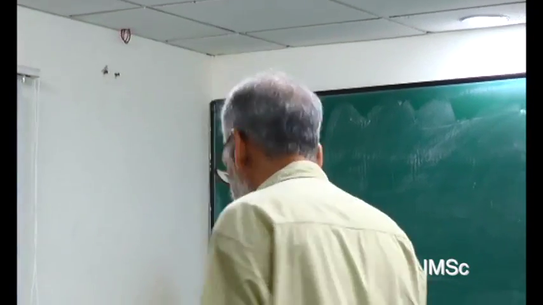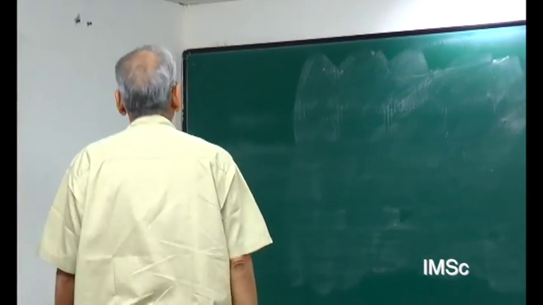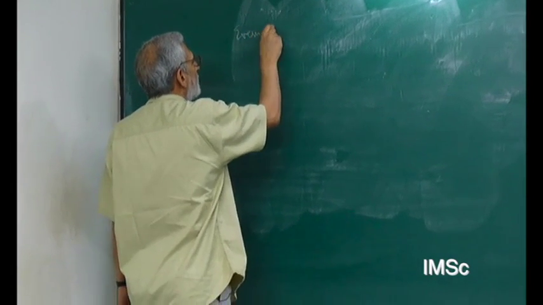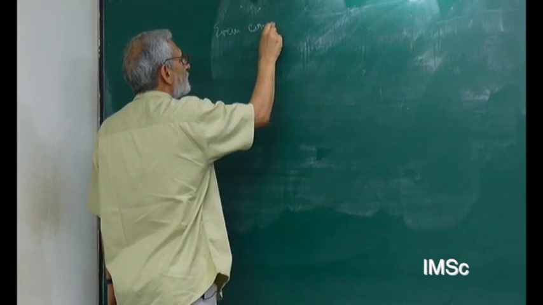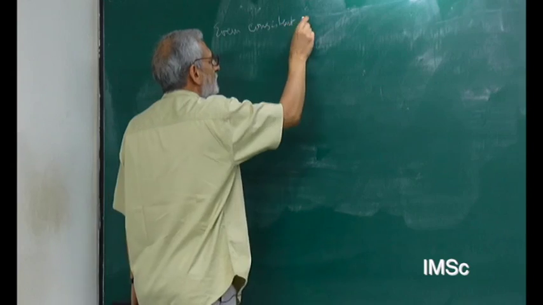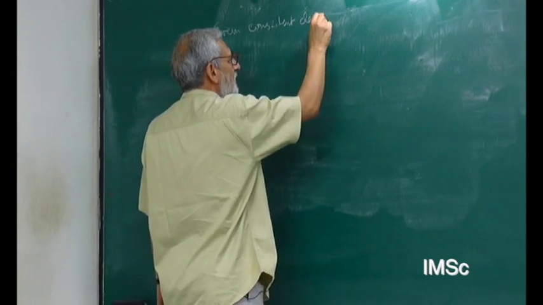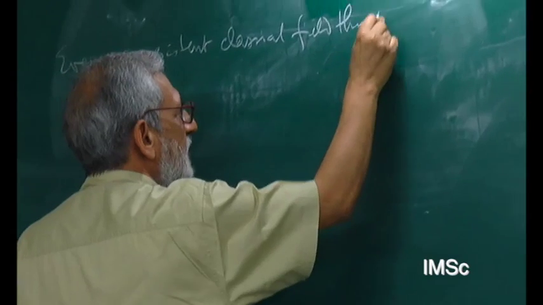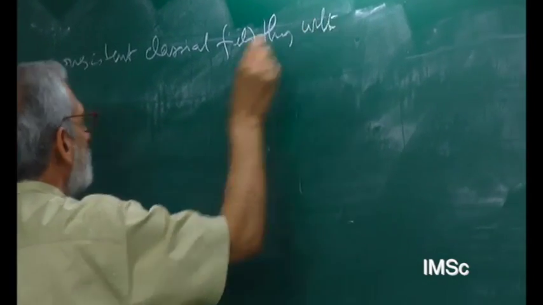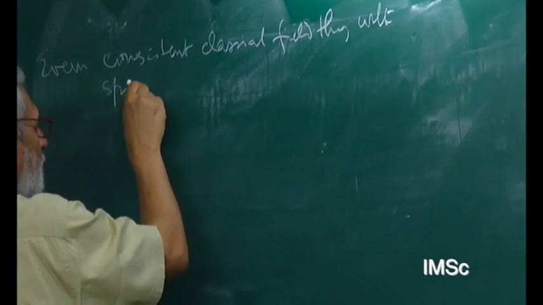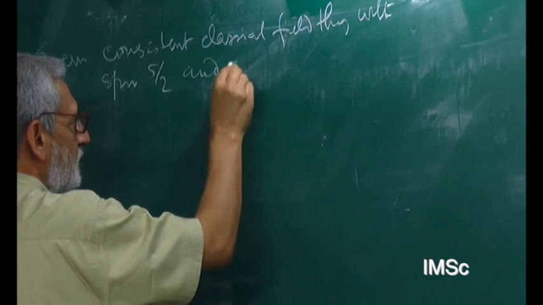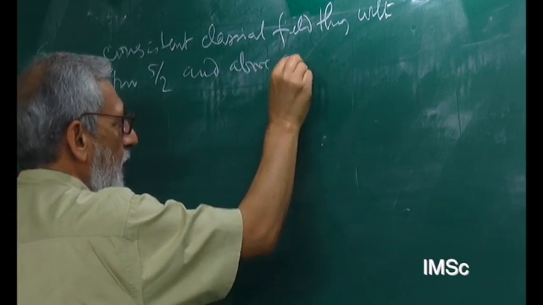Even consistent classical field theories with spin 5/2 and above are not possible.